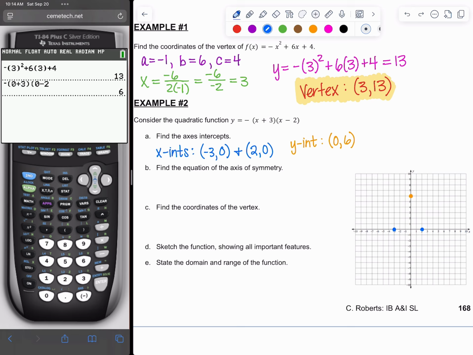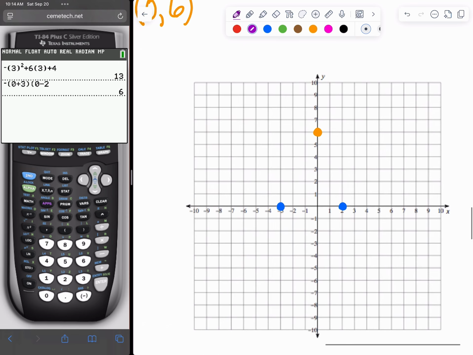So my axis of symmetry, if I look, it will be negative 3 plus 2 divided by 2, which is negative 1/2 or negative 0.5. So I know that my axis of symmetry is located at the equation x is equal to negative 1/2. So I can draw the axis of symmetry here.